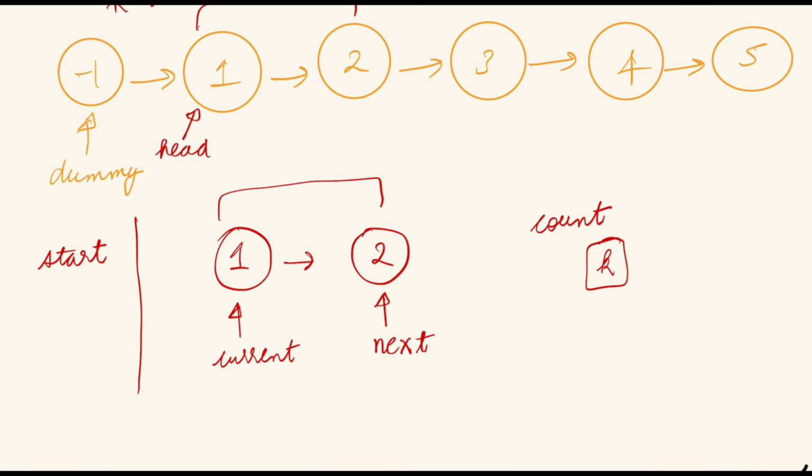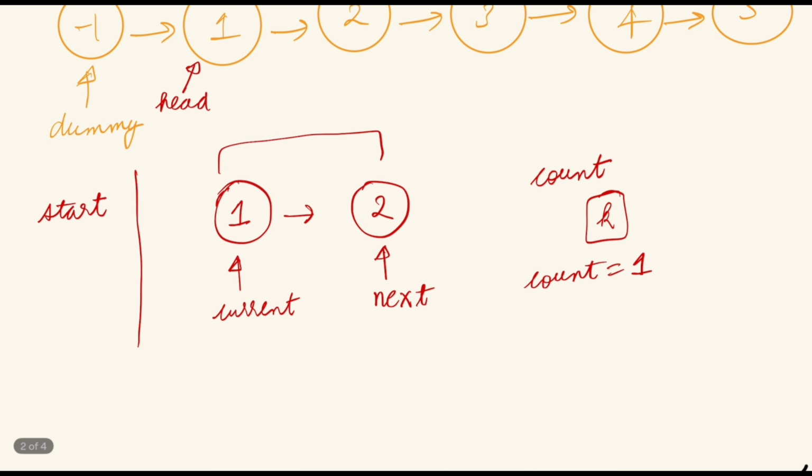So initially, for every sublist, we can use a counter variable which can start from count equal to 1. So currently we are at node 1, which means that we have traversed one node so far, and we set our next variable and we have current.